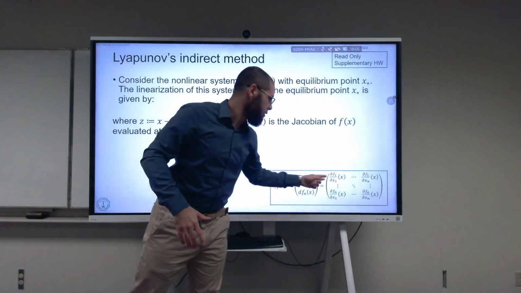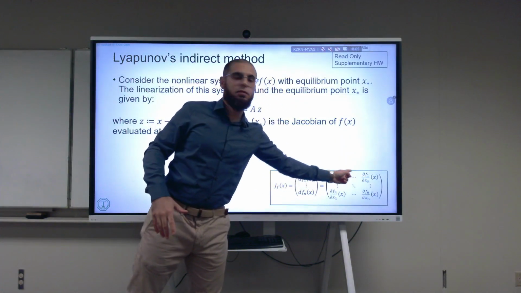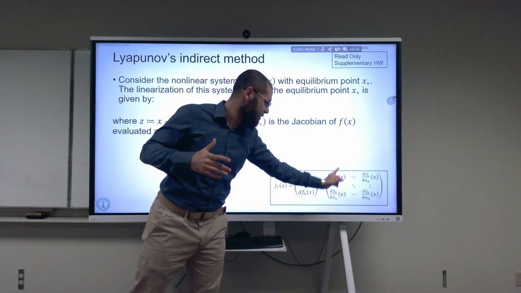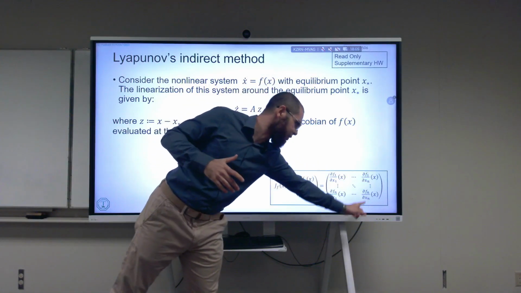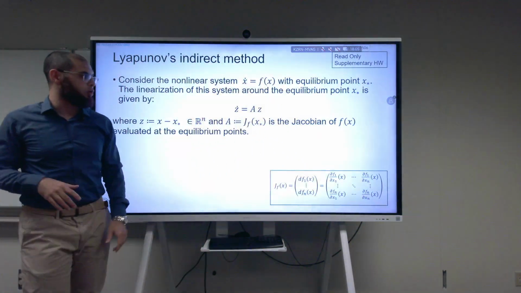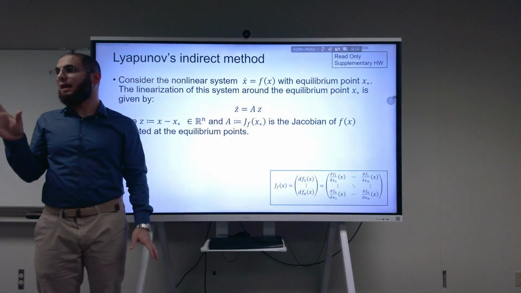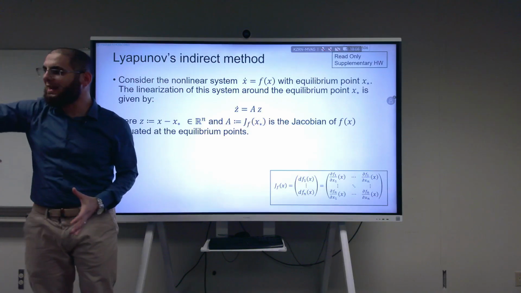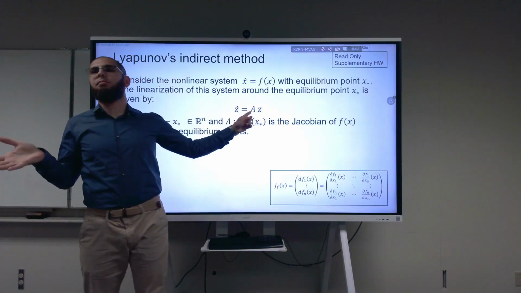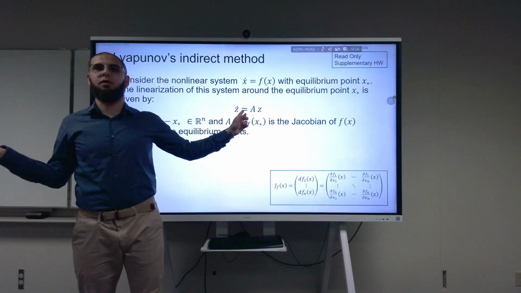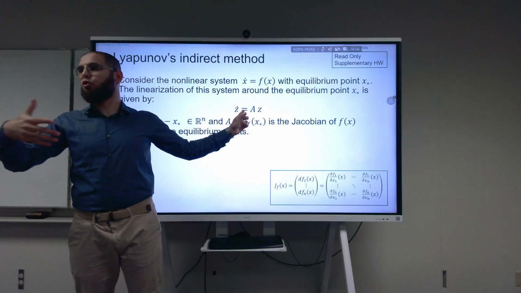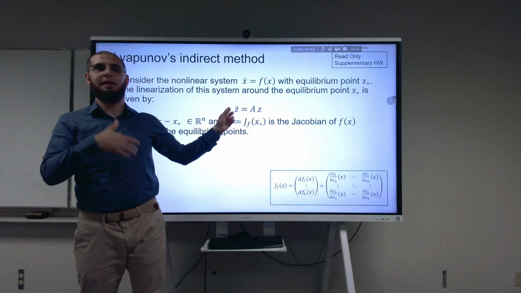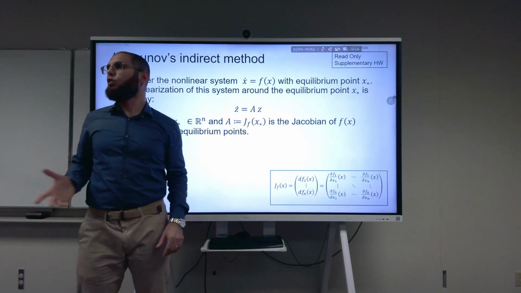You concatenate all of these, and you substitute the equilibrium point. If you evaluate the Jacobian at the equilibrium point, what you get is just a constant matrix. This is the simplest toy problem, and you're all very well practiced with it. It's just a linear system with a constant A matrix. What do you do with a linear system?